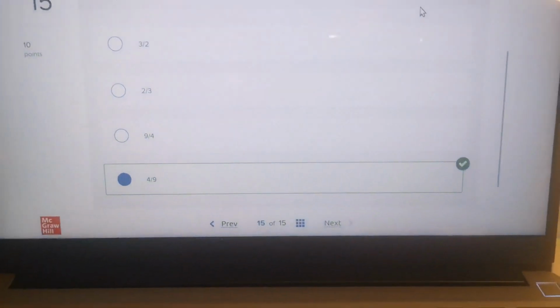So now the ratio is 4 is to 9, which is the answer.